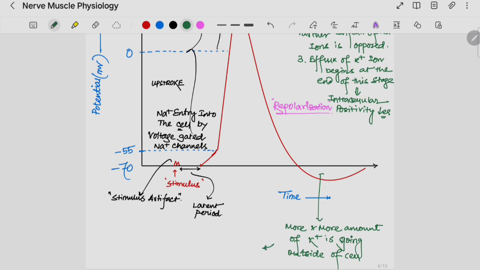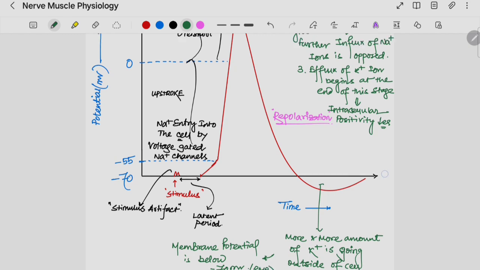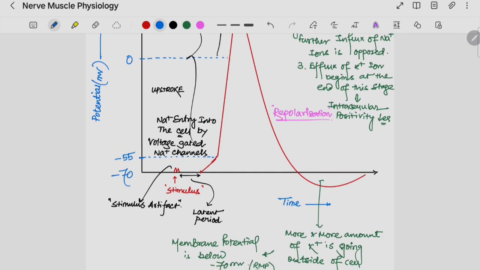Here the membrane potential goes below minus 70 millivolt, the resting membrane potential, right? So this stage is known as hyperpolarization.